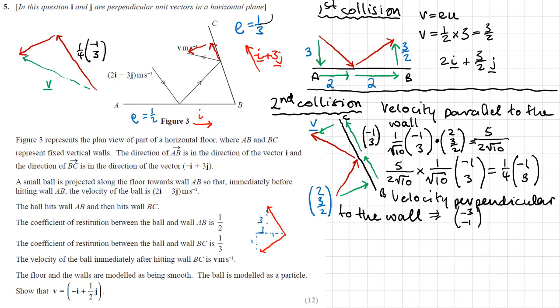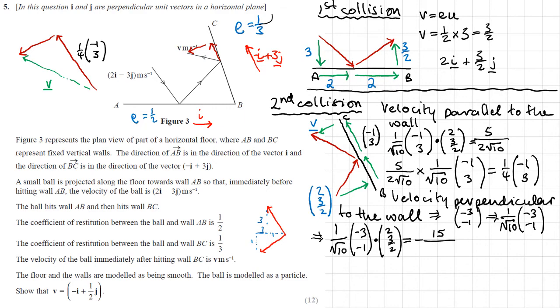Now we want the unit vector of that, so we need to divide it by its length. Now that is the same length as the previous one, root 10, so we just divide by root 10. Now if we do the dot product of that unit vector with the incoming velocity, we'll get a value of negative 15 over 2 root 10.